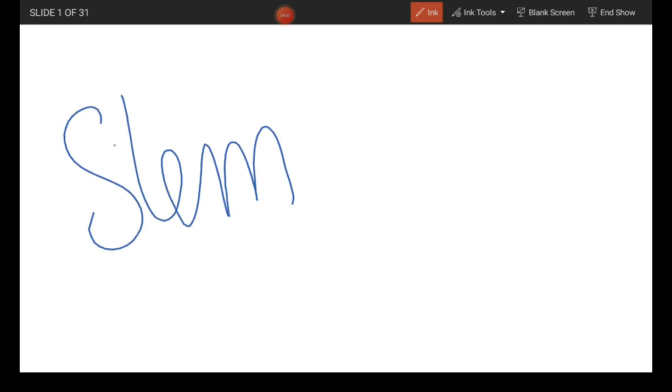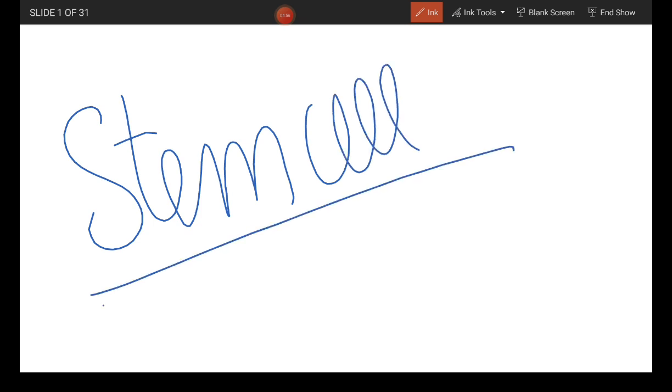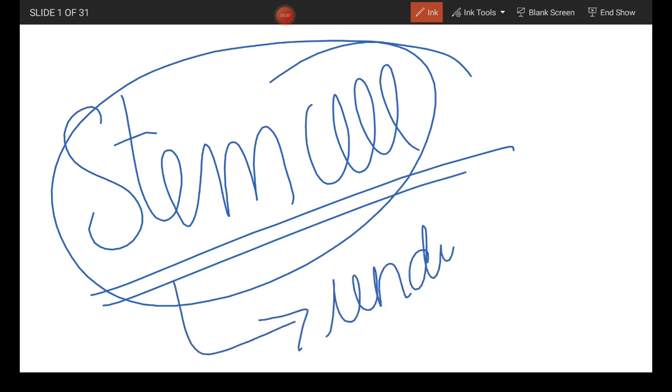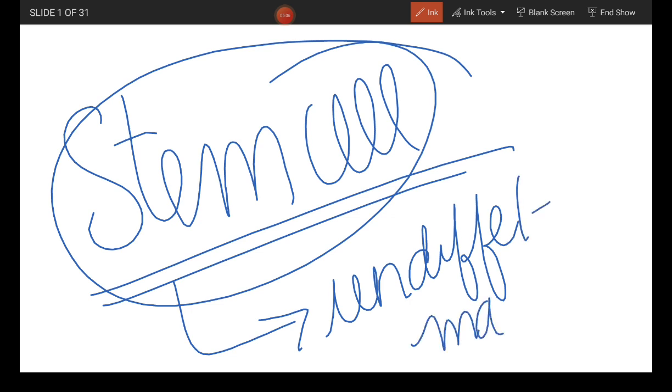First up, what is a stem cell? Stem cells are the undifferentiated mass of cells. Let us consider an in vitro medium.